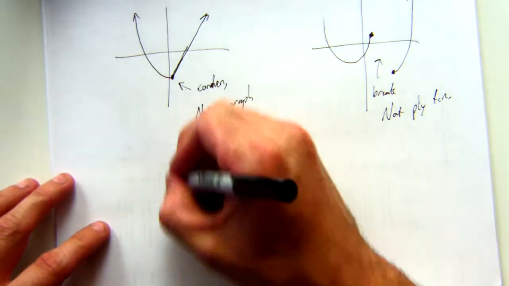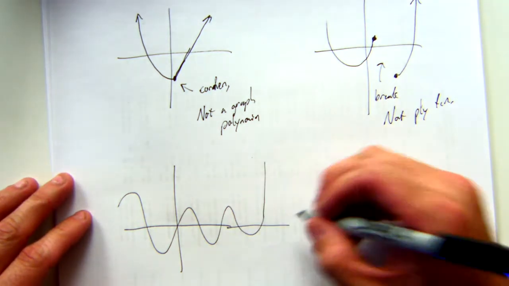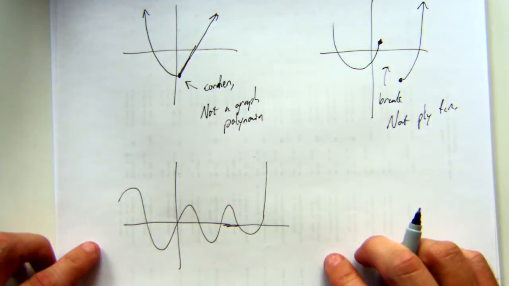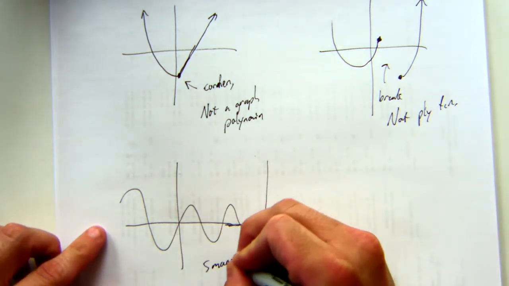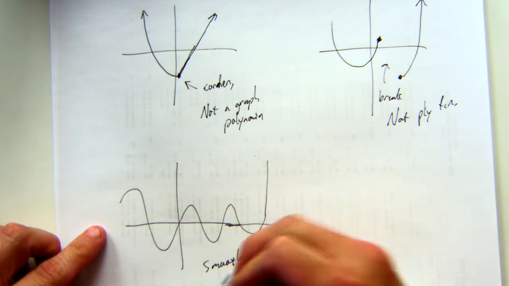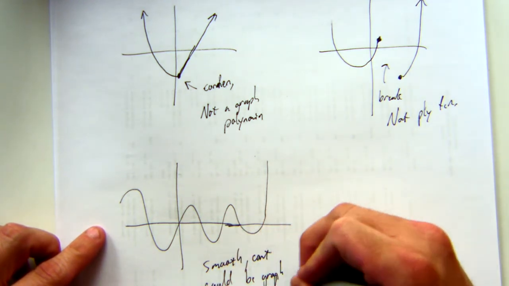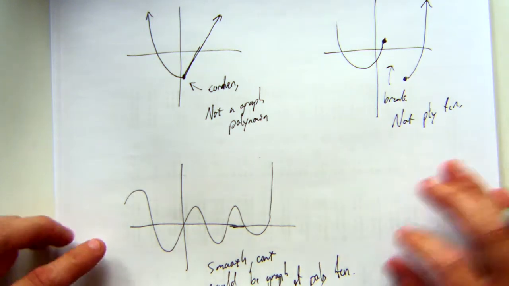One more. What about that one? Yeah, it's smooth, continuous, so it could be the graph of a polynomial function. It may not be, but it could be.